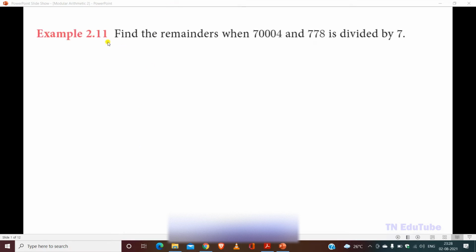Okay, children, now let us do the example problems of modular arithmetic. Example 2.11. Find the remainder when 70,004 and 778 are divided by 7.